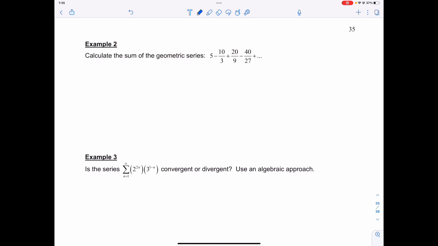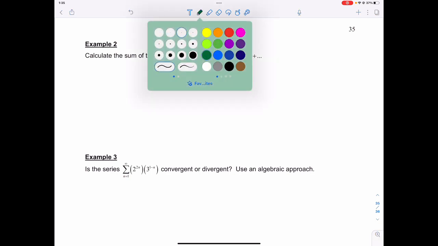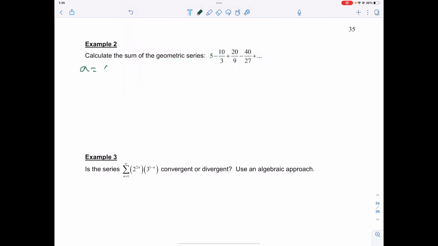So if we're calculating the sum of a geometric series, the first thing, we should make a list. What's our first term? 5. What is our common ratio? Well, that's T2 divided by T1, or T5 divided by T4, T10 divided by T9. Take any term and divide by the term that came directly before it.